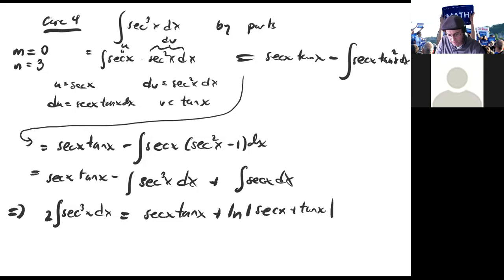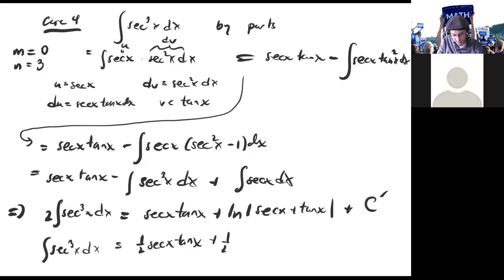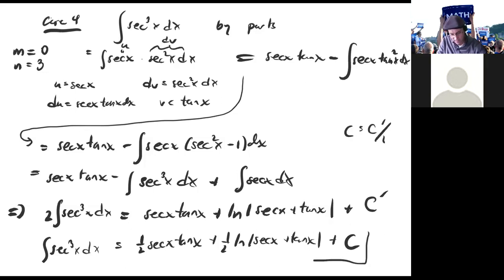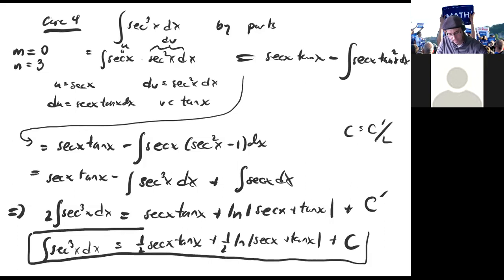I'll add the c later, so let's call the constant c prime for now, because I'm going to divide by 2. So if we divide by 2, we get the integral of secant cubed x dx is 1/2 secant x tangent x plus 1/2 ln absolute value secant x plus tangent x plus c, where c is c prime over 2. This is the final answer that you're going to get.